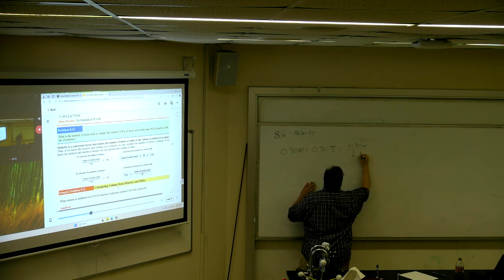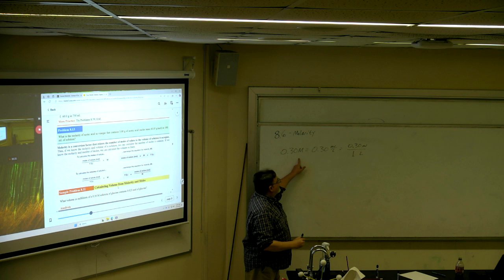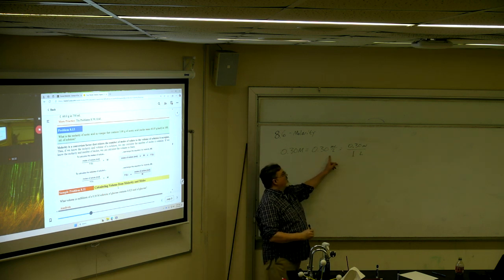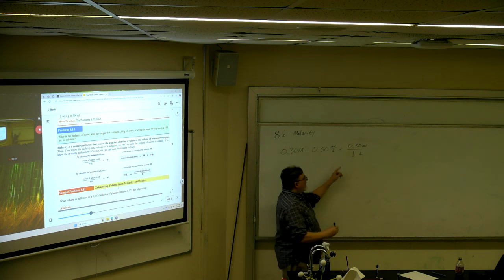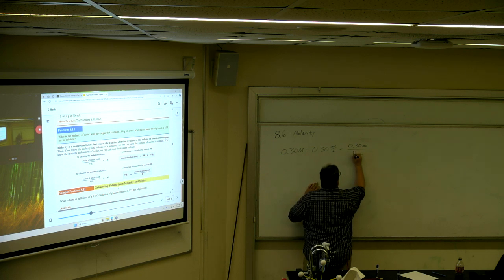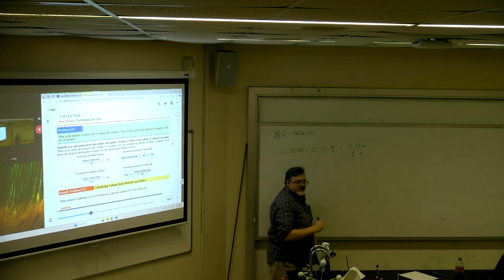Turn that M into moles per liter. Write it this way, because this is the way you're gonna use it. That's a 1. This is how you're gonna use it in the math problem.